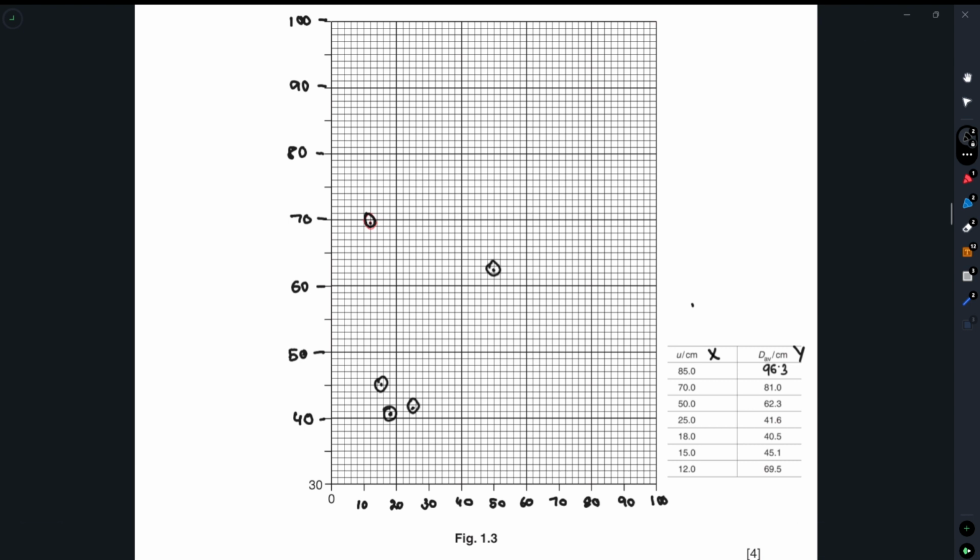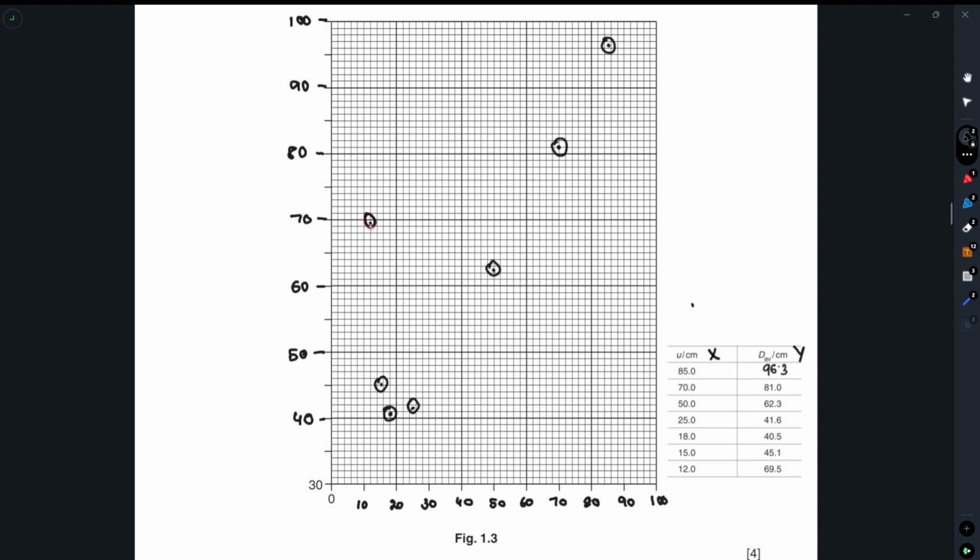And then we've got 70 and 81. Exactly 81 at 70. Cool. And then 85 and 96.3. 85, 90, 95, 96, and 96.3. Okay. Interesting.